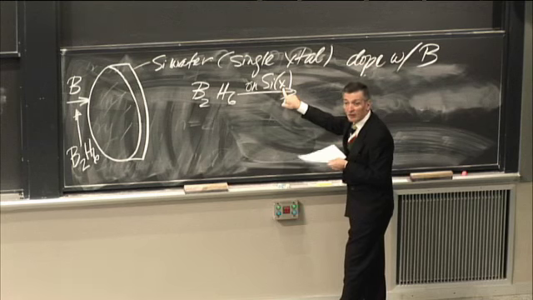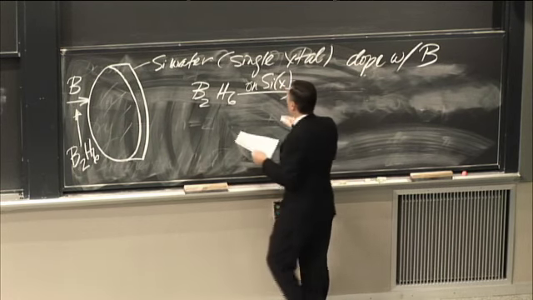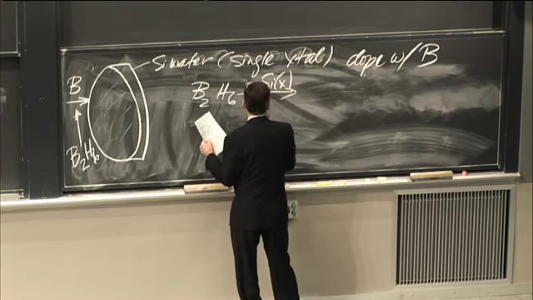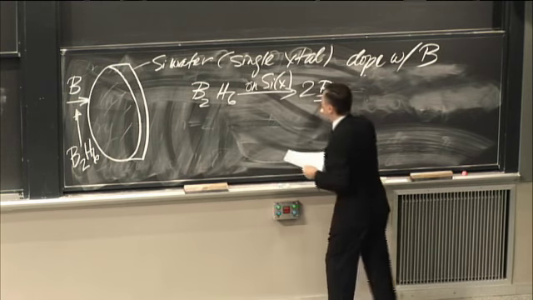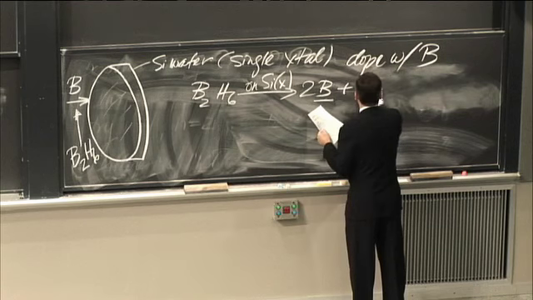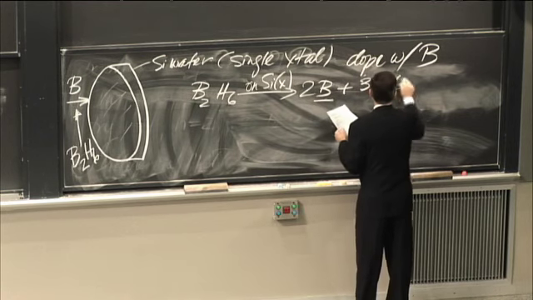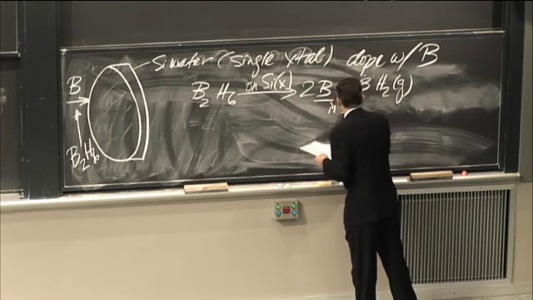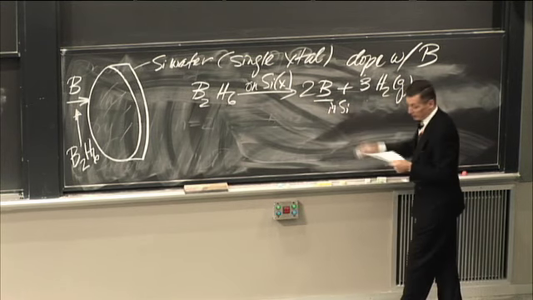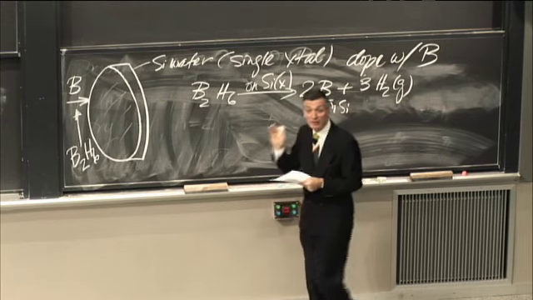Crystalline, single crystal, to make sure no one's thinking this is being performed in the liquid phase. And this diborane decomposes to elemental boron plus hydrogen gas. So the hydrogen is a gas, and the boron goes into the silicon, where it goes onto the silicon sites.